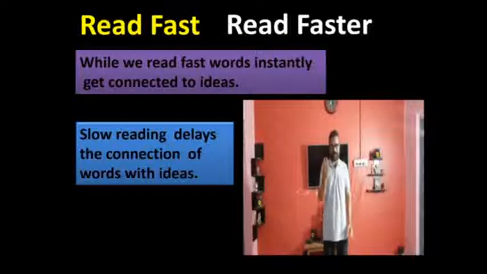If you read slowly, the attachment of the words will be slower, so it won't reach the concepts or ideas faster. So to understand the central theme better, read fast. I don't say you should read fast all the time, but when you skim or read superficially, you read faster.